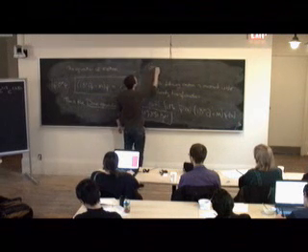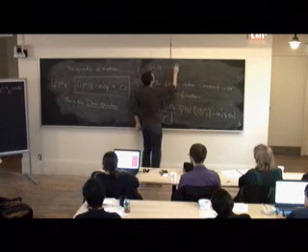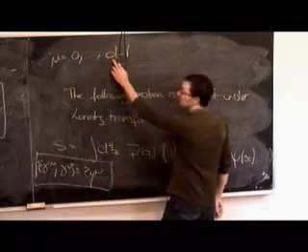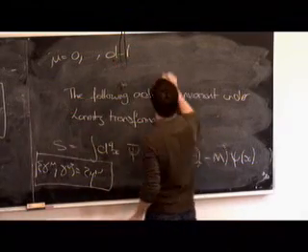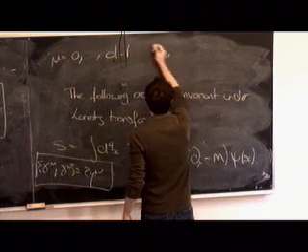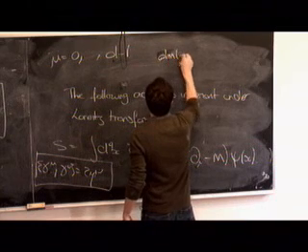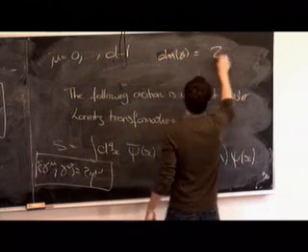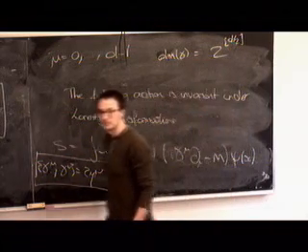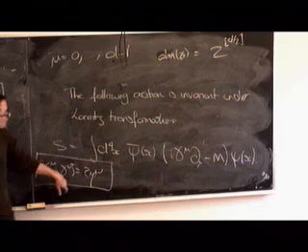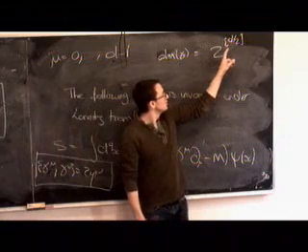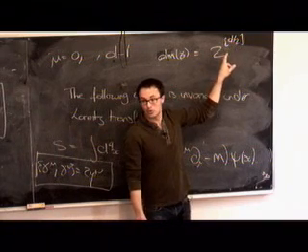If mu goes from 0 to d minus 1, so d is 4 for our world, the dimension of the gamma matrices is 2 to the integer part of d over 2. So you want to solve this equation here, you have to find the irreducible representation, which has dimension 2 to the d over 2. For us, that's 2 to the 2, which is 4.